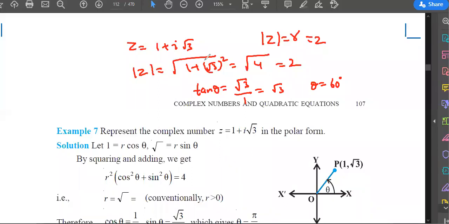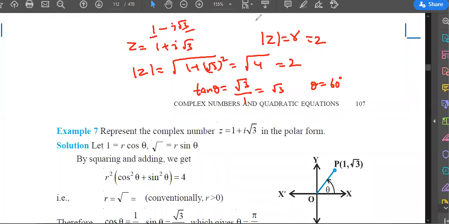Why am I saying so? Because just imagine if it is 1 minus i root 3. So this is in which quadrant? Real positive, imaginary negative. Which quadrant? Fourth quadrant, right?